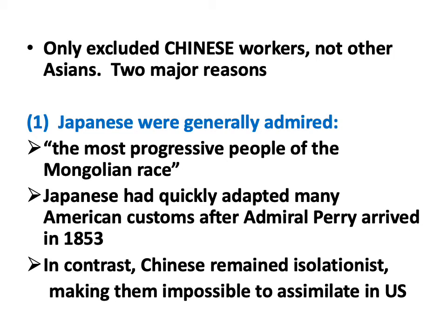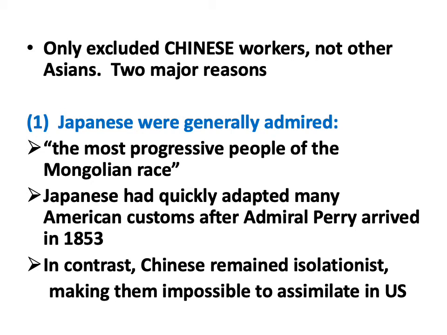Now, why? Well, if you remember back to the 1850s, U.S. Admiral Perry arrived in Japan in 1853 and sort of opened up Japan for trade, and Japan had been closed for trade for about 200 years. And the Americans were just delighted that the Japanese very quickly adapted many of the American customs.